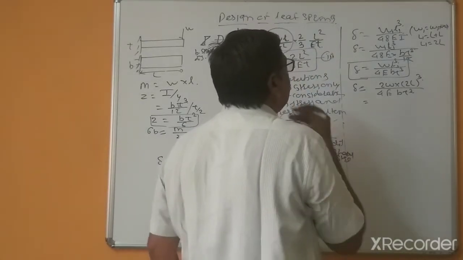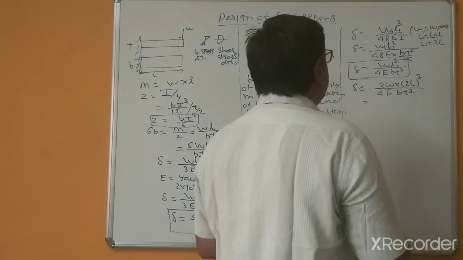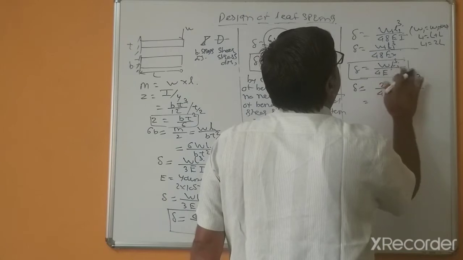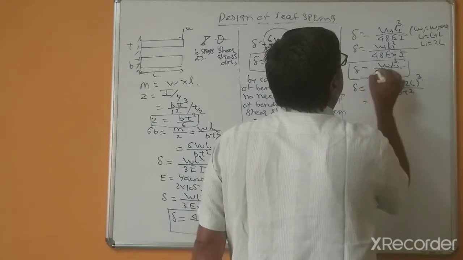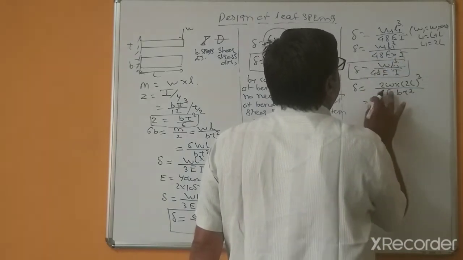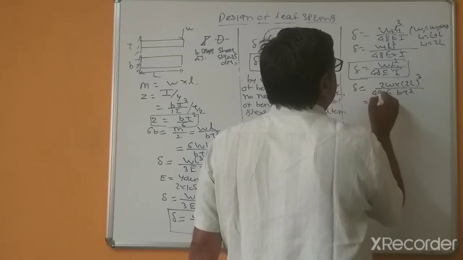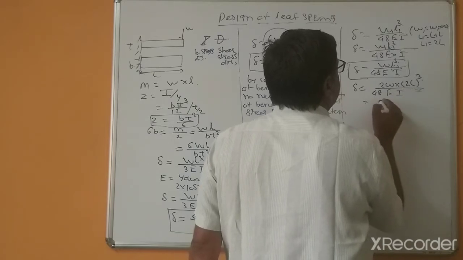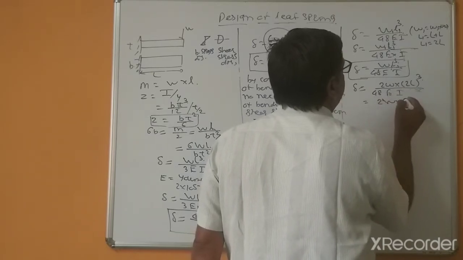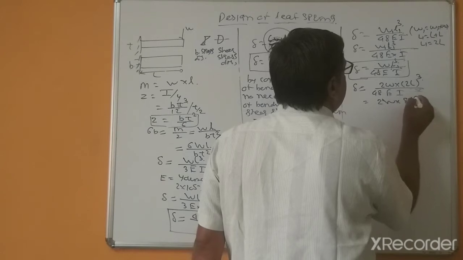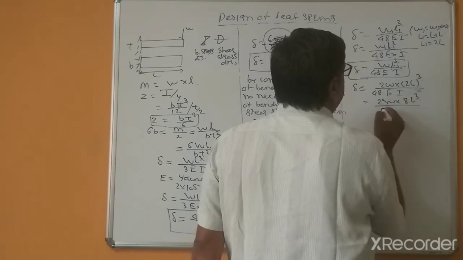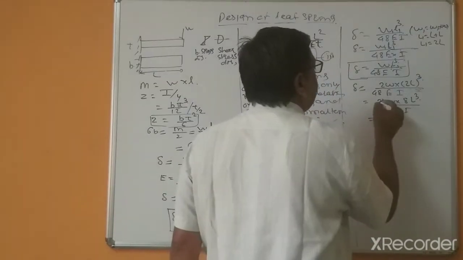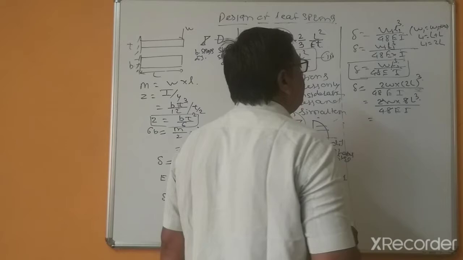Or otherwise, by taking only the moment of inertia, this is given EI, and this is 2W into 8 L cube divided by 48 EI. So this 2 and this 8 will get cancelled, and this is 16.